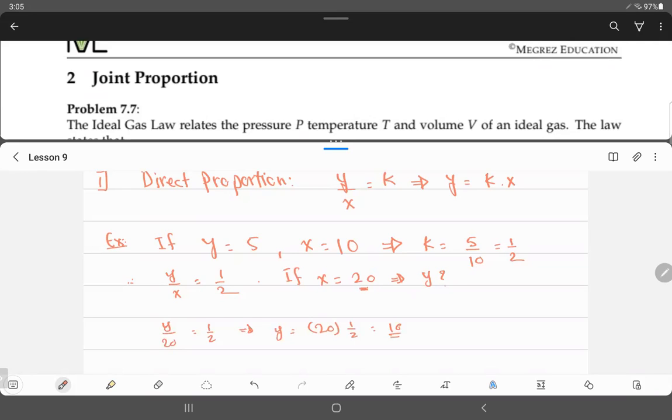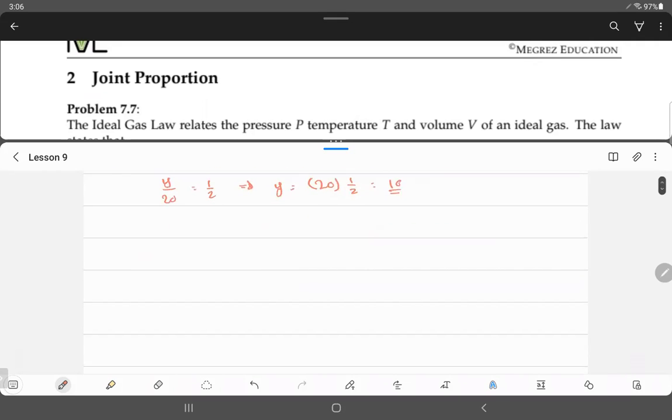Right? So if y is 5, x is 10; if y is 10, x is 20. It's clear that if one of them doubles, the other one doubles. If one of them becomes half, the other one becomes half. So it's a direct proportion.